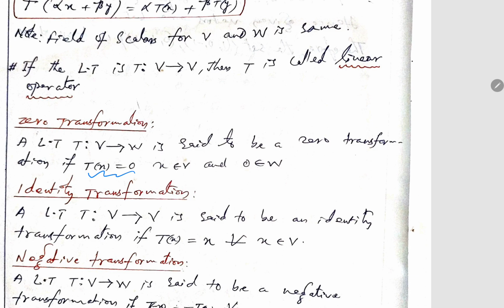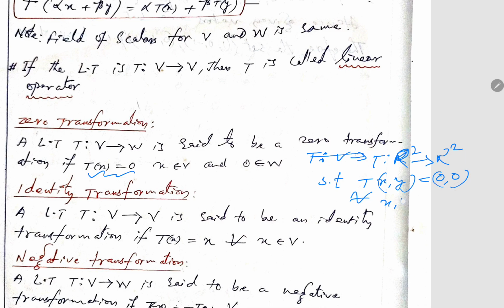You can define a transformation from vector space V to, suppose, R2 to R2, such that T(x, y) equals (0, 0) for all (x, y) vector belonging to R2, and elements x and y belong to R. So this is an example of the zero transformation.